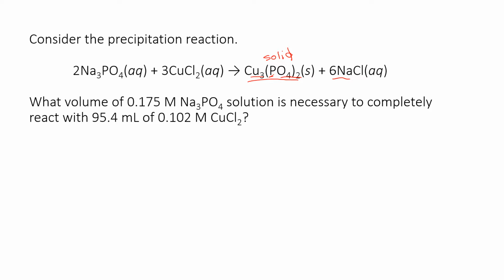So now, given the information here, it says what volume of a 0.175 molar concentration of sodium phosphate. So we'll just write that in moles per liter.